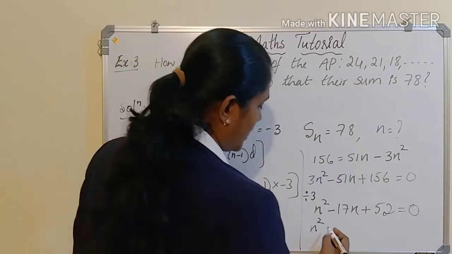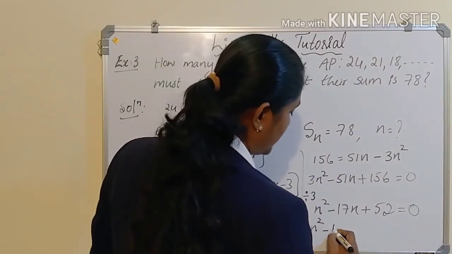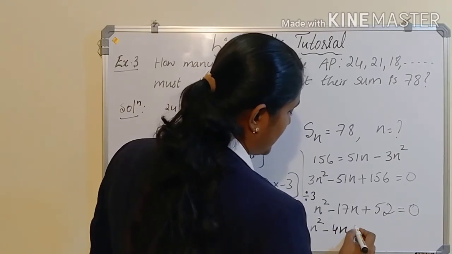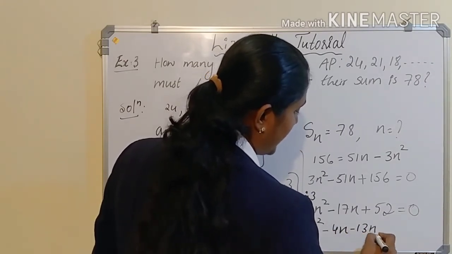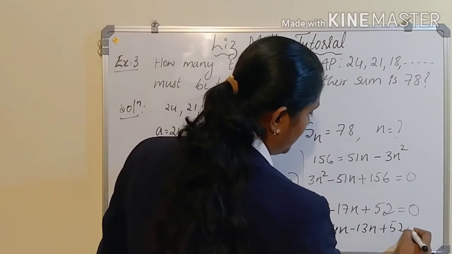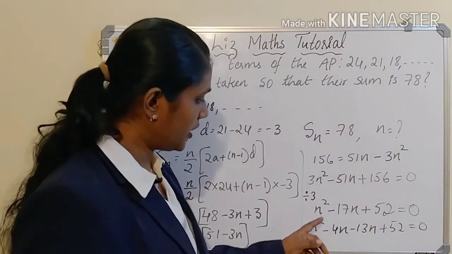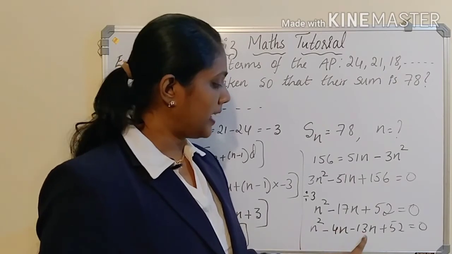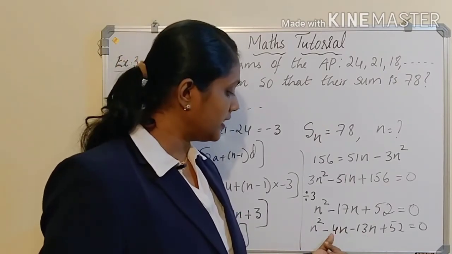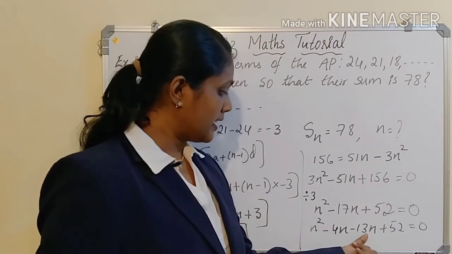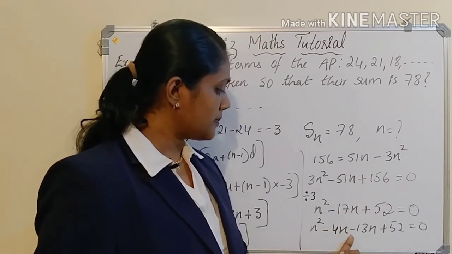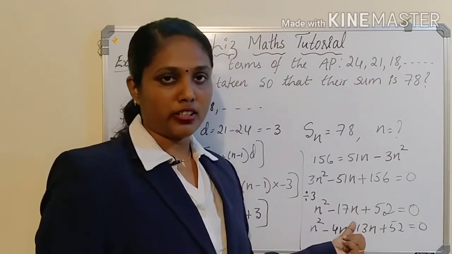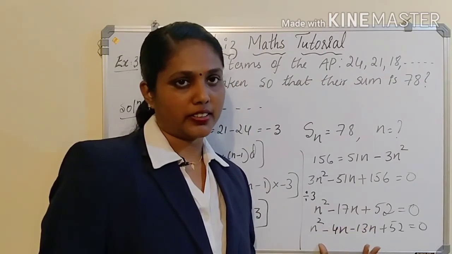So here you split this: n square minus 4n minus 13n plus 52 is equal to 0. See here, you have split this 17 into minus 4 minus 13. When you are adding, 4 plus 13 is 17, minus and minus, you are adding n only. That much n you are getting, isn't it?